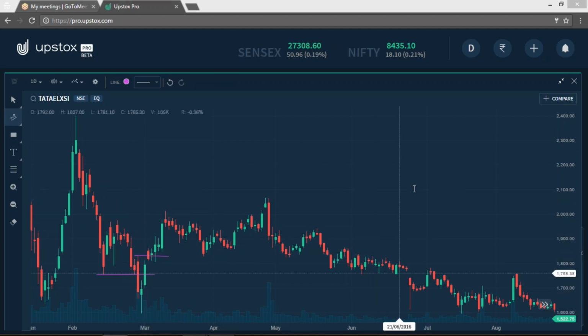Now, Daksha says March to April draw swing low line and one swing high broken by March to April swing low line.